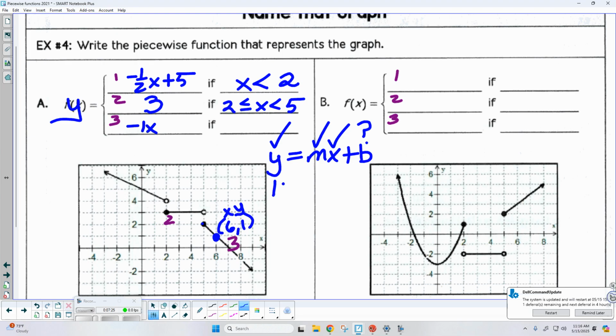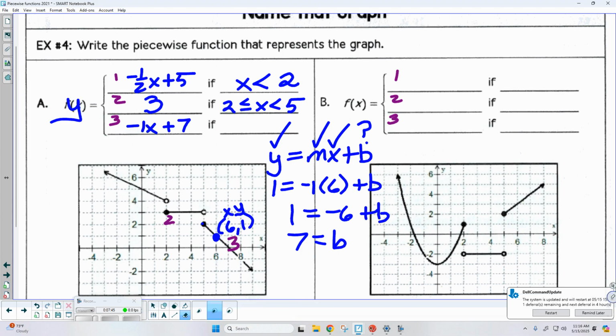So the y is 1. M is -1. We're going to plug in the x of 6. And there we go. So 1 is equal to -6 plus b. So it looks like my y-intercept's got to be what? 7. So let's put it all together. -1x plus 7. Everybody okay with how I did that?